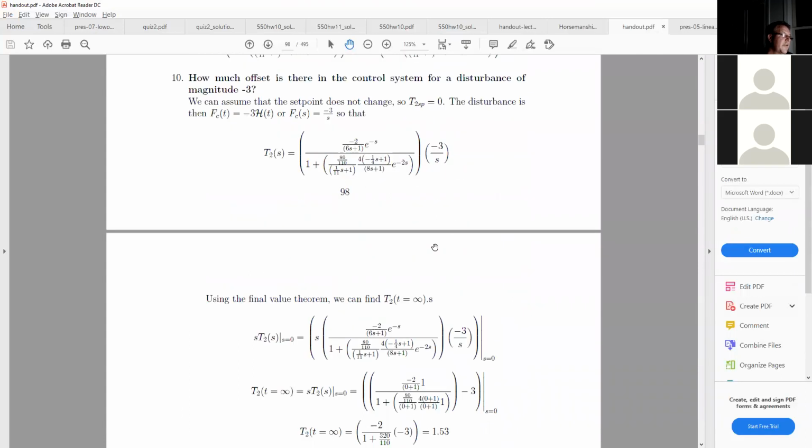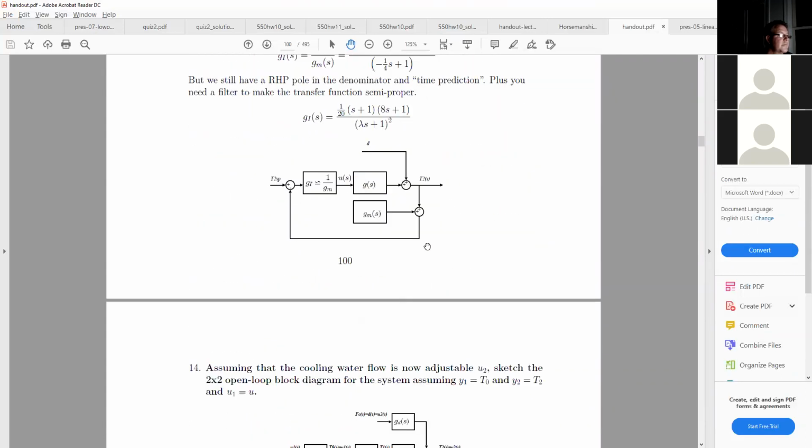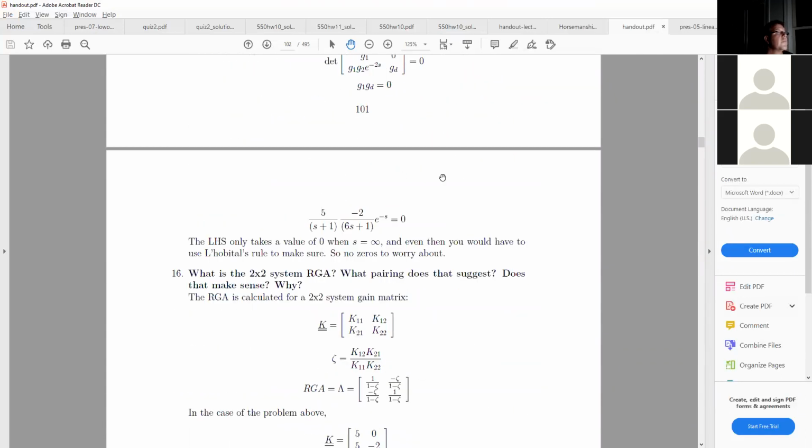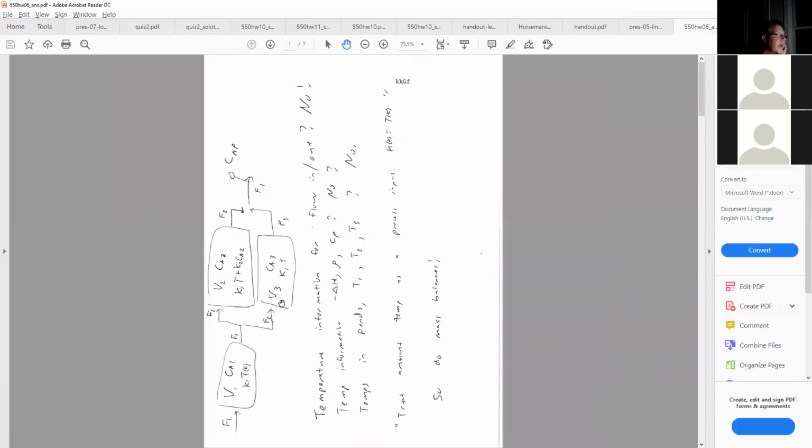That's more like for the final. But we had some examples. Homework 6 was mass balances, mass and energy balances. That's like the basic stuff. That was the first time we saw mass balances, I think.